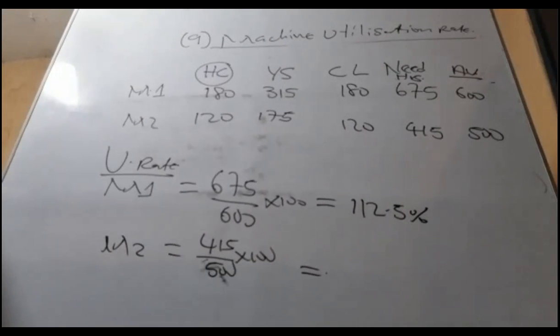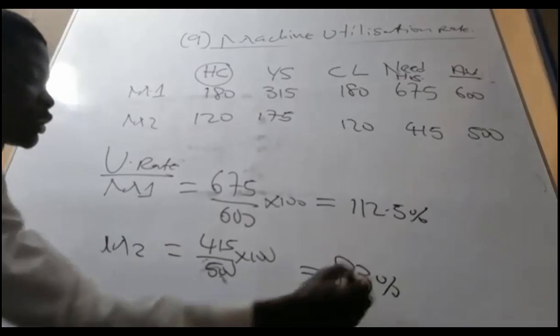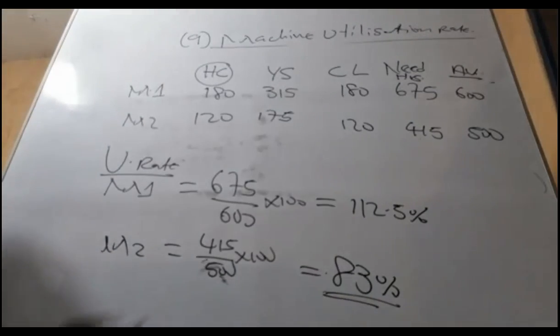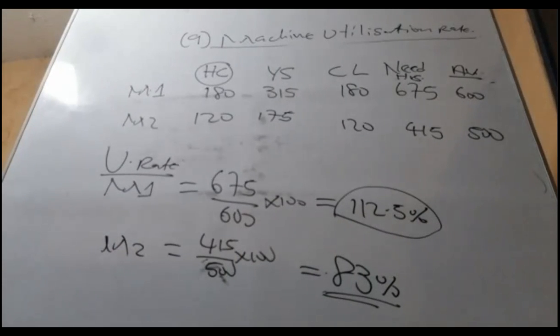That means if we say we are going to produce it, we will overutilize it. That means the capacity is not enough. That's a limiting factor. This one will be less than 100. That means we are underutilizing it. Which is 83%, right? So which of these, according to the percentage, the one that is more than 100% is the limiting factor.